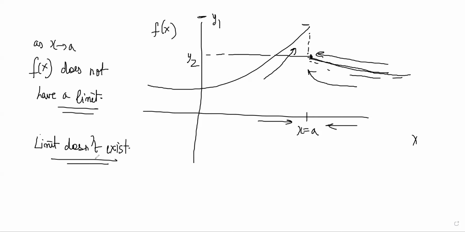On the left hand side you are getting the value of y1, which is the limiting value. And if you go on the other side, y is approaching this value, which is y2, which is different from y1. So the two tendencies from left and right are not matching, right? They are tending to two different things. So we'll say the limit does not exist.